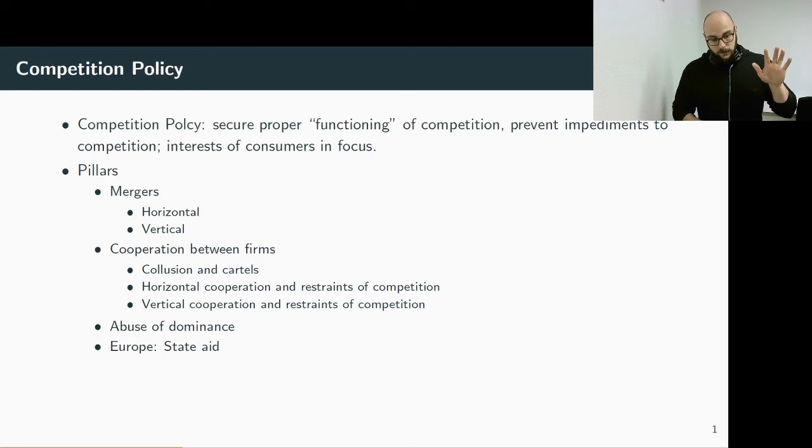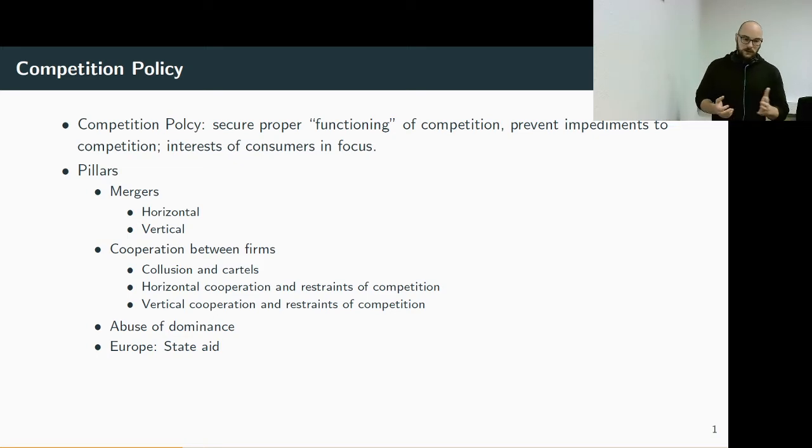Okay, so the final pillar of competition policy is abuse of dominance. If you have a firm that, due to its market position, has the opportunity to abuse its dominant market position, then this is not good. It can do so, for instance, by blocking or deterring entry, and it can do so in various ways.